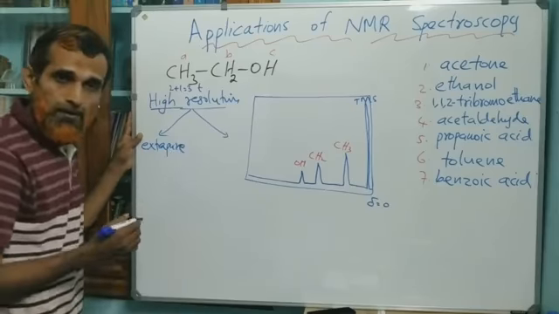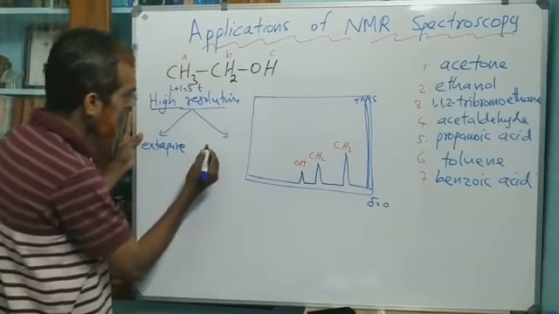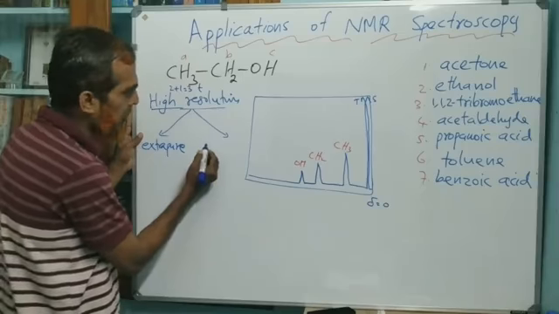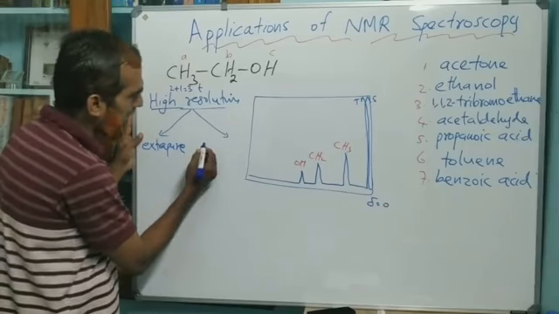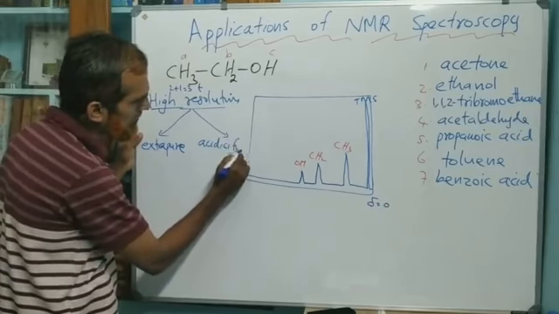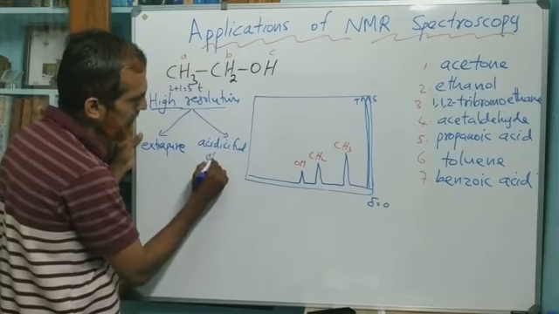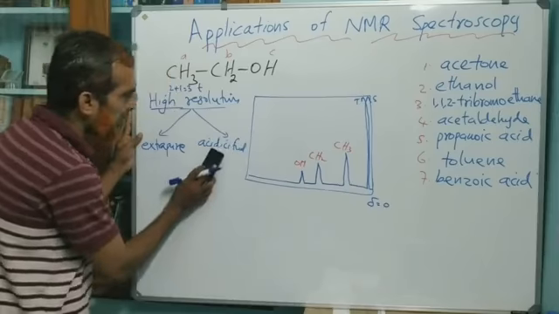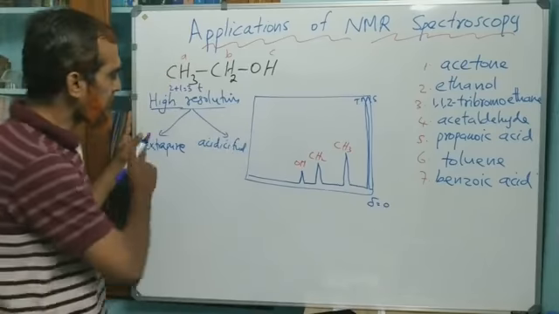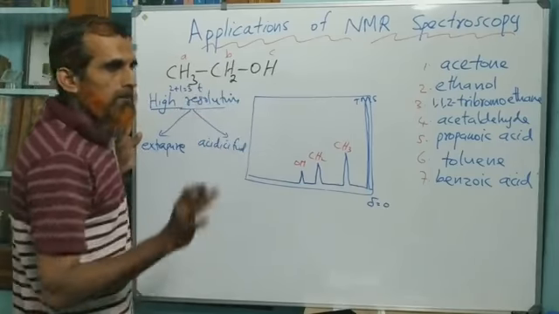If it is extra pure, you get the NMR spectrum in full swing. Another is impure ethanol, or let's say acidified ethanol, ethanol containing some acid. There will be slight difference between the spectrum of the two.